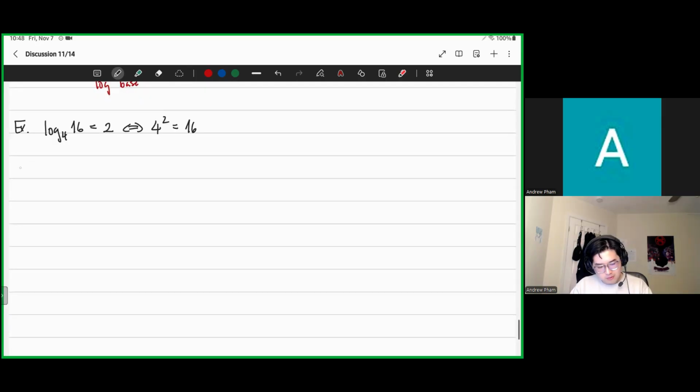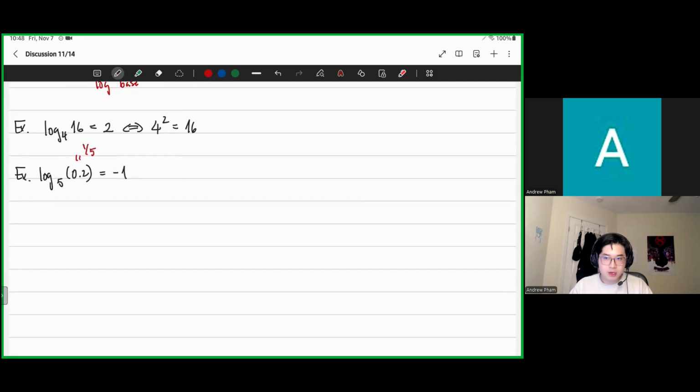Another example: log base 5 of 0.2 is equal to -1. Recall that 0.2 is the same thing as 1/5. So what am I asking myself?